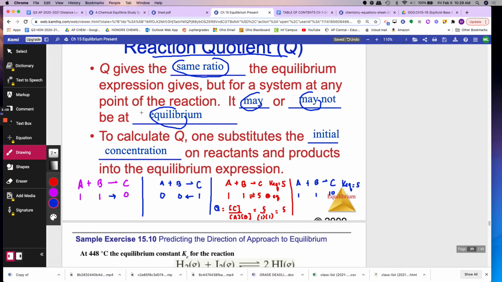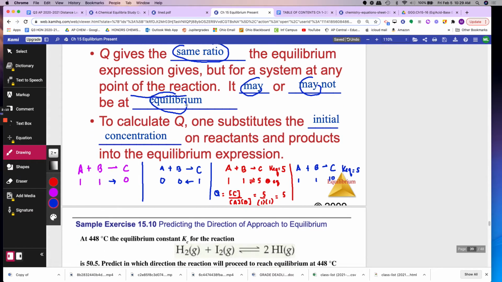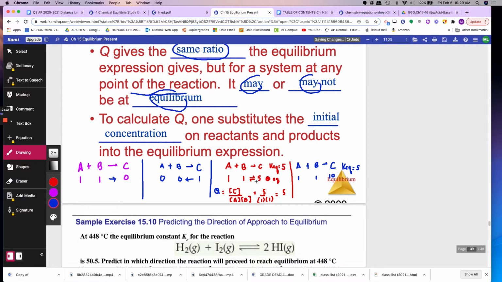It is for a system at any point of the reaction. So in this case, if you're not sure you're at equilibrium, then you plug it into the same equilibrium expression, but this time you call it Q, or reaction quotient. 5 over 1 times 1 would be 5. That means if Q, which is 5, is equal to K equilibrium, that means you are at equilibrium.